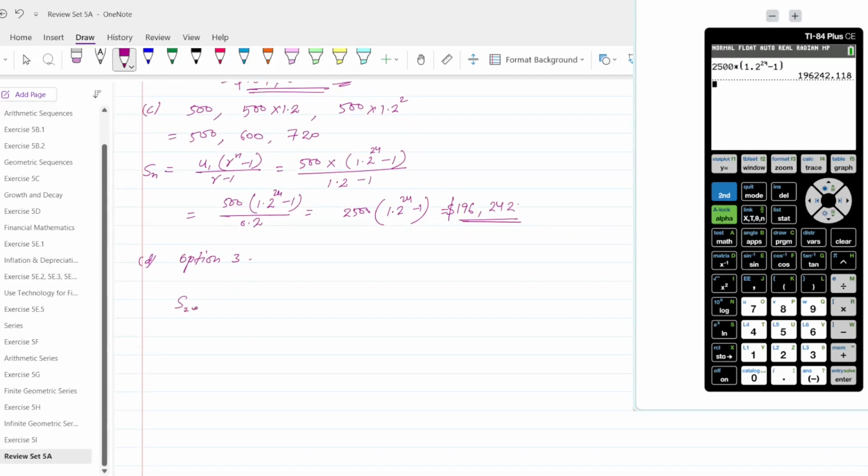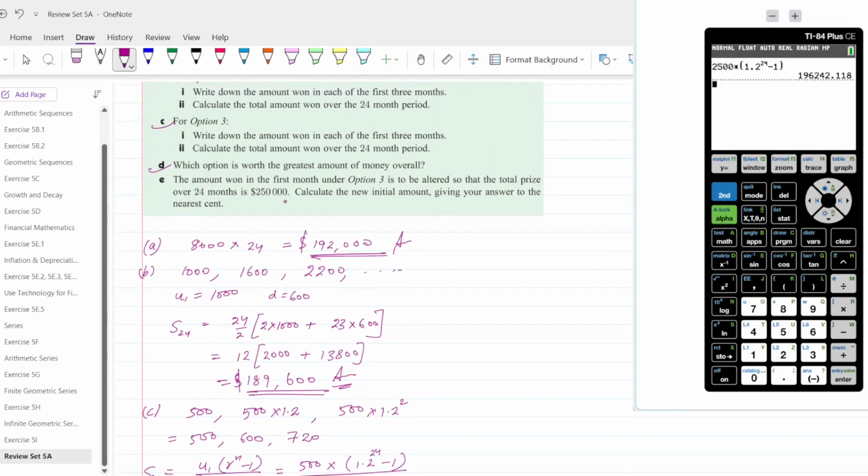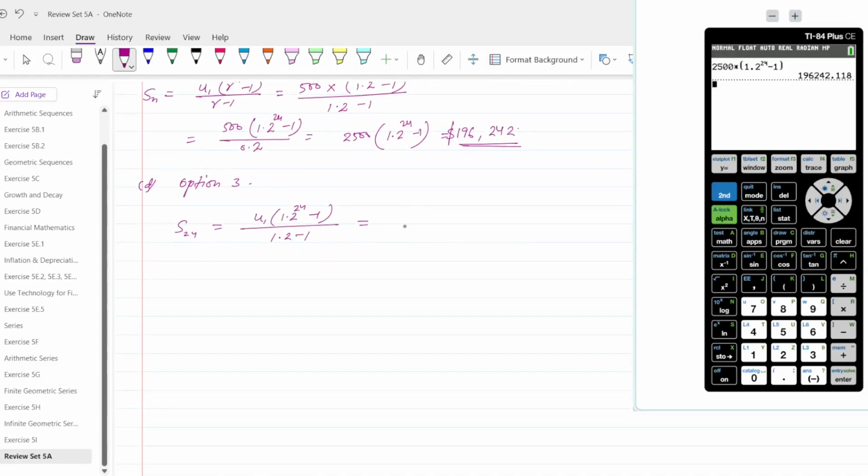So we know S24, that is U1 times R raised to the power n, which is 24, minus 1 divided by 1.2 minus 1, has to be equal to 250,000. We need to find the value of U1. U1 times 1.2 raised to the power 24 minus 1 divided by 0.2.